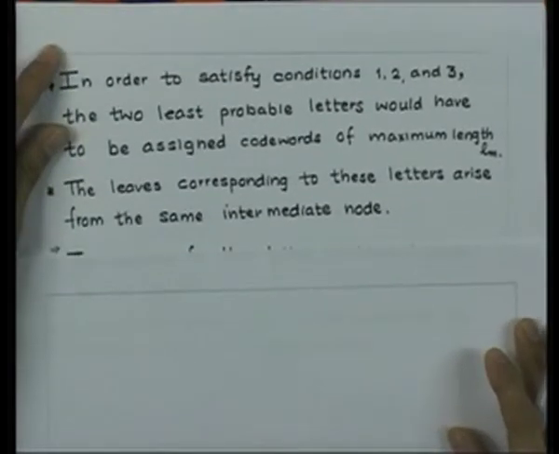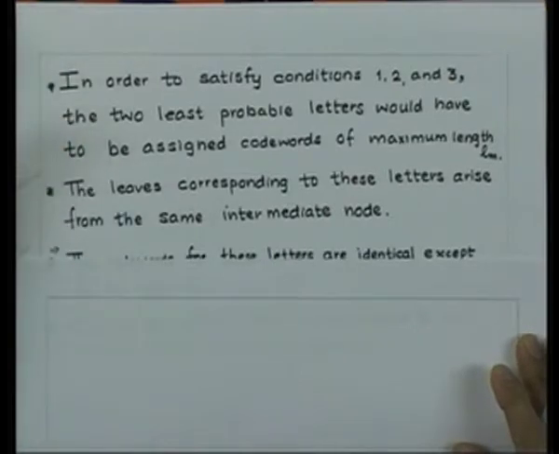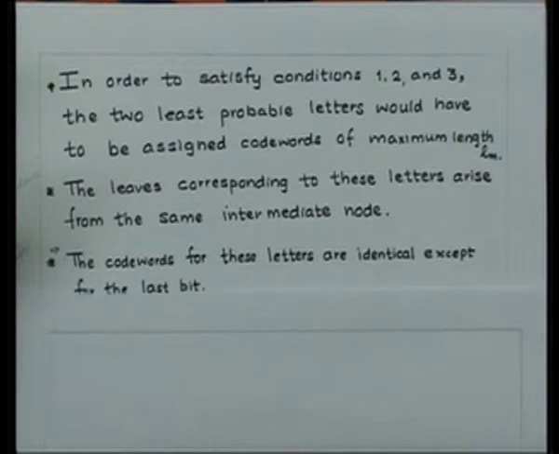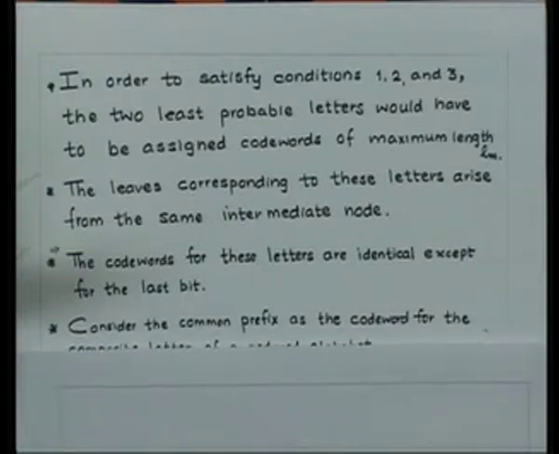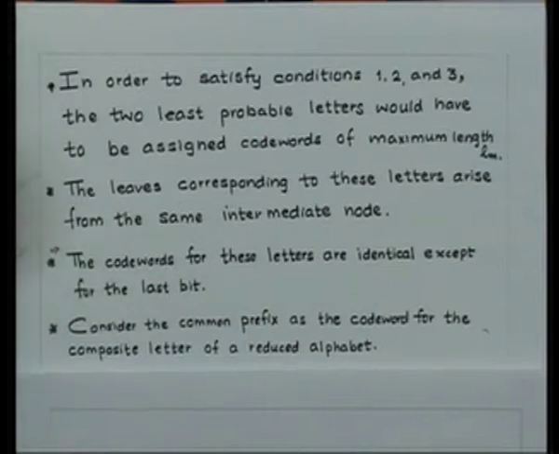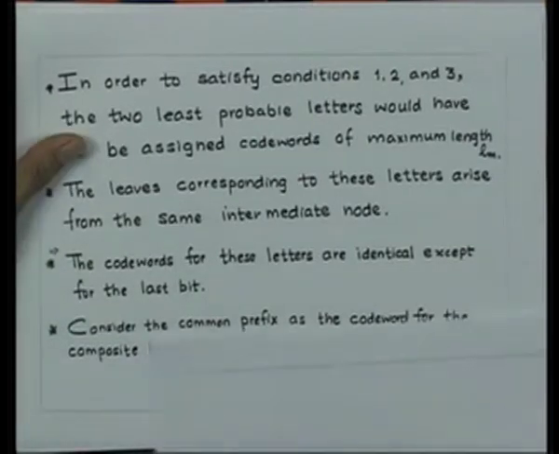What this implies is that the code words for these letters are identical except for the last bit. So, we can consider the common prefix as the code word for the composite letter of a reduced alphabet.